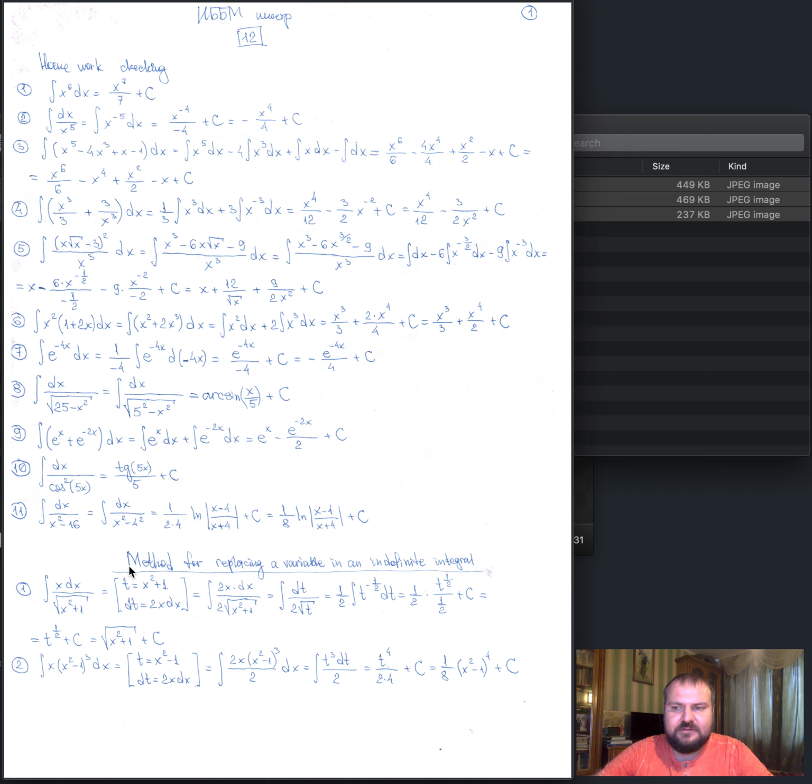We introduce a new variable, for example t, and let t be equal to x squared plus 1. So we find the differential of t, which of course would be 2x multiplied by dx.